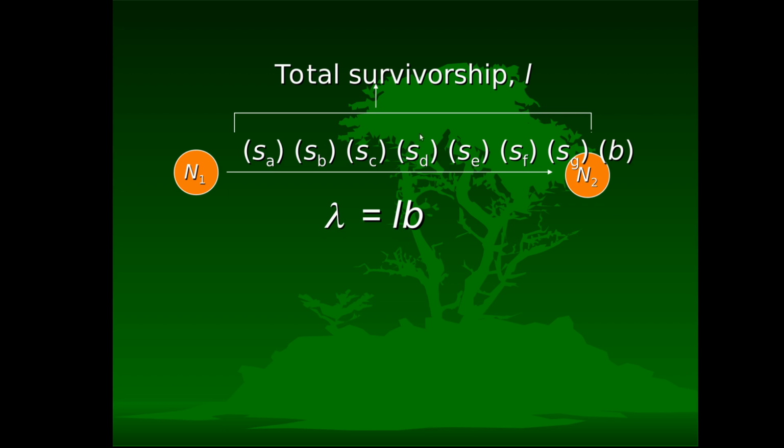And this total survivorship from one time to another time, this L here, might be the product of several survivorships within that year or time interval. So survivorship month 1, month 2, month 3, month 4, month 5, and so on, across the seasons or whatever, might be the product of several of these, before you multiply by B.